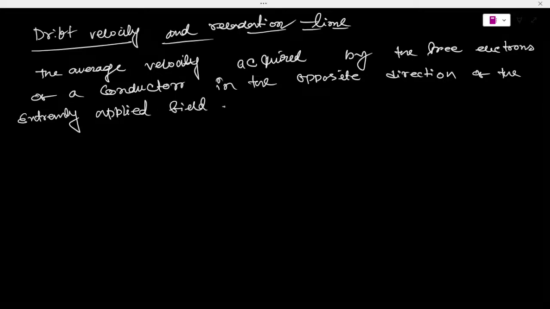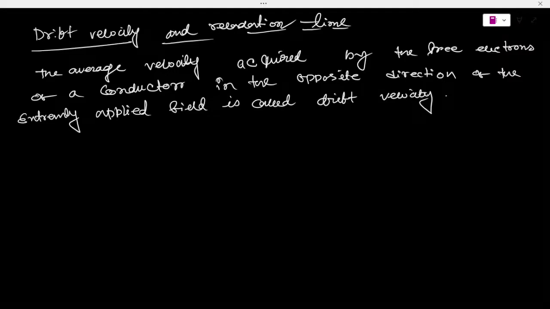So if asked what is the drift velocity: the average velocity acquired by the free electrons of the conductor in the opposite direction of the externally applied electric field is called the drift velocity.